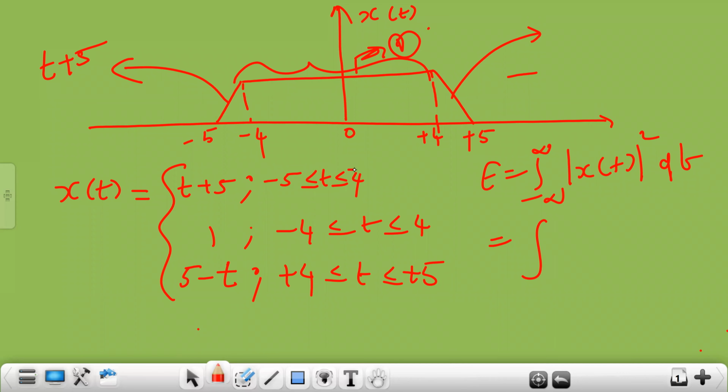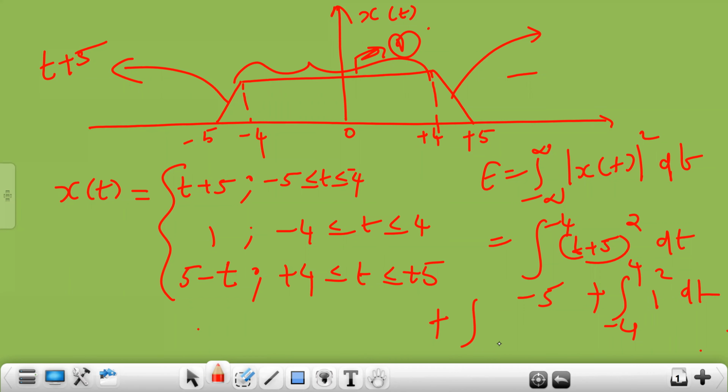So minus 5 to minus 4 it is t plus 5 the whole square, don't forget to put the whole square, plus minus 4 to 4 you have 1 square dt, plus the last limit 4 to 5 you have 5 minus t the whole square dt. So altogether you have 3 integrals to solve. First perform a plus b whole square and then perform the integral. Is it clear for you?